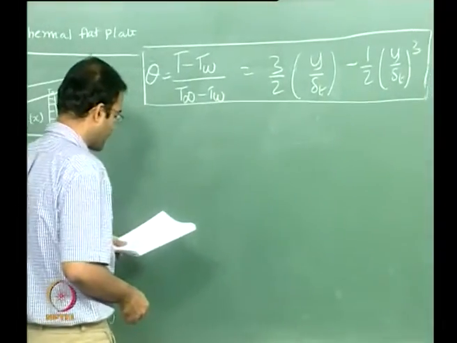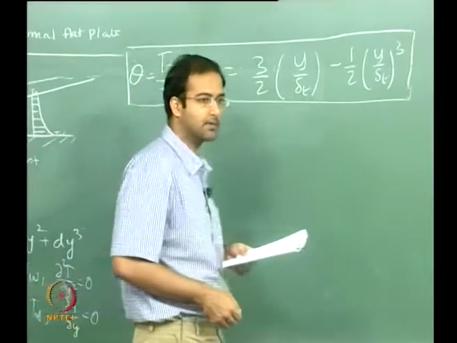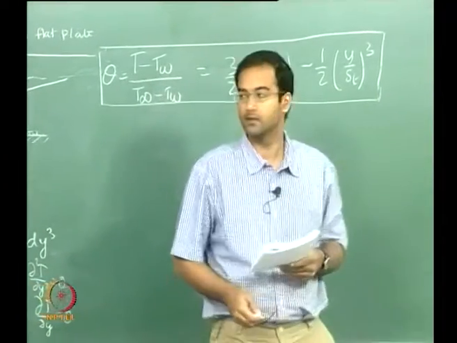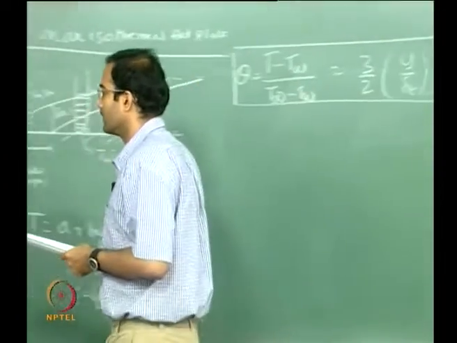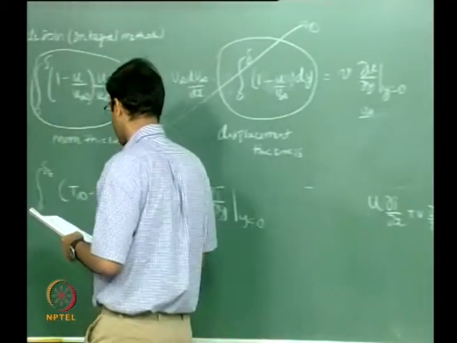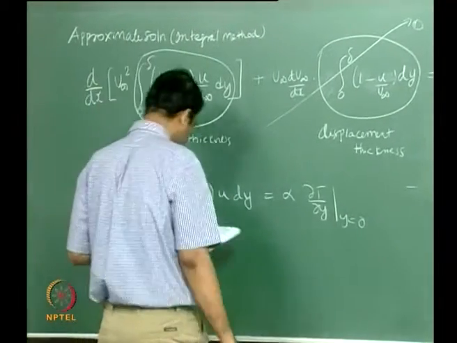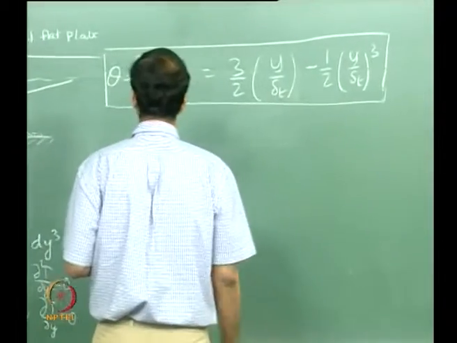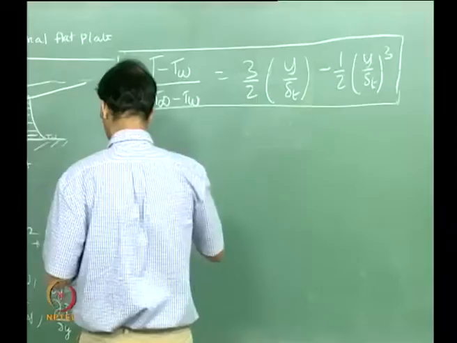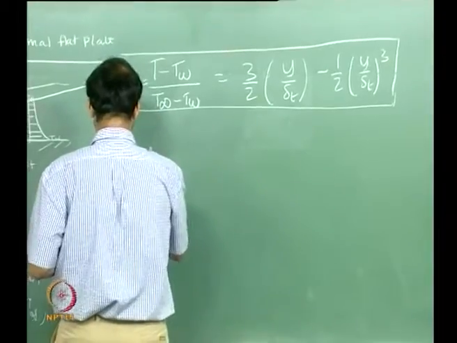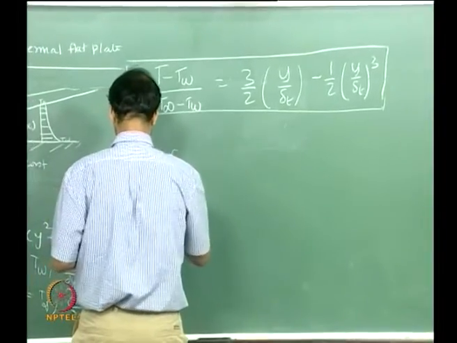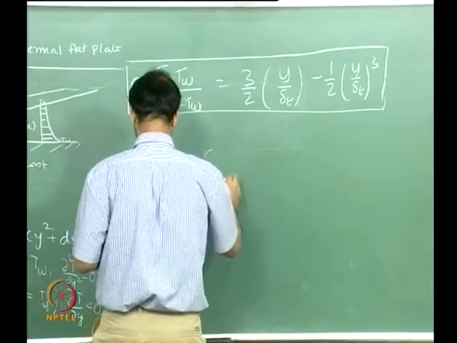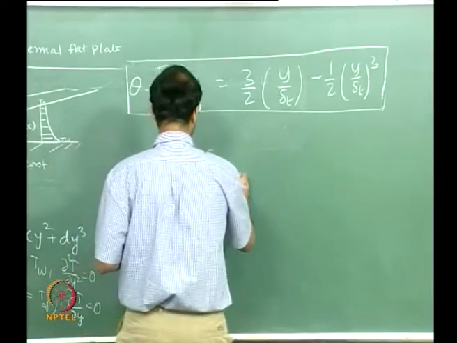I am going to rewrite the energy integral in terms of non-dimensional temperature theta. Right now this is my T infinity minus T. I can express this in terms of theta as d by dx of one minus theta.